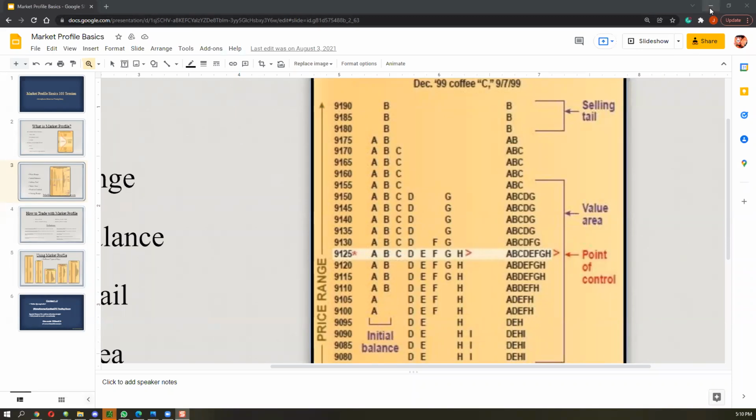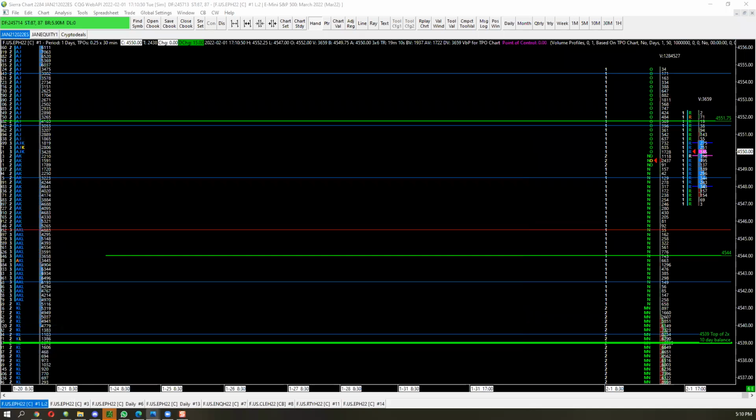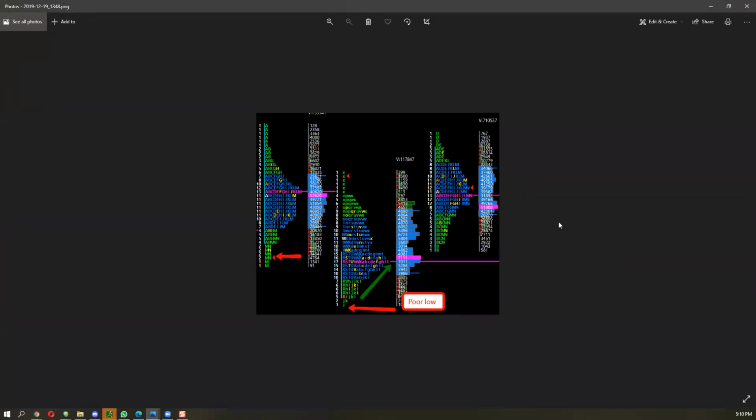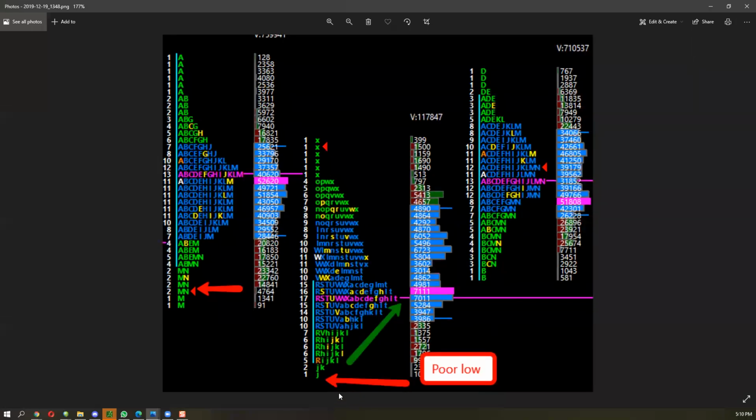Now, we have things that we can use in market profile trading that can give us really good information. One of those things is something called a poor low. A poor low is something that we see sometimes when a market will sell off, much like it did today, and sometimes the market will sell off and the selling will just shut off.